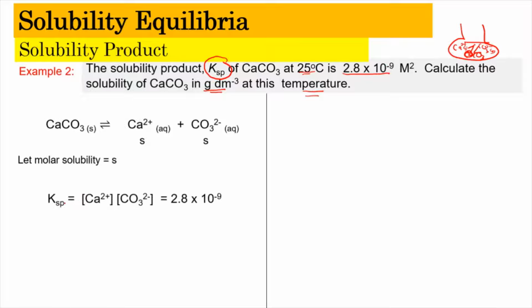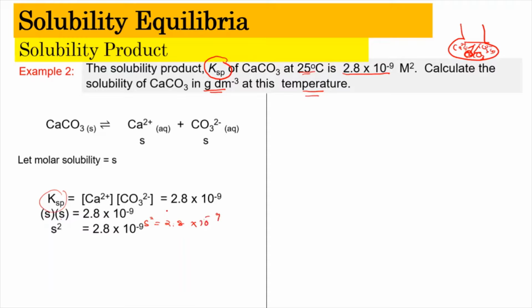So we know that our Ksp is basically equal to the concentration of the Ca2+ ion multiplied by the other product, which is the CO3 2-, and this Ksp value is given as 2.8 times 10 to the power of negative 9. So Ca2+ is equal to S, CO3 2- is equal to S. So we multiply that together, and we're going to get S squared equals 2.8 times 10 to the power of negative 9.